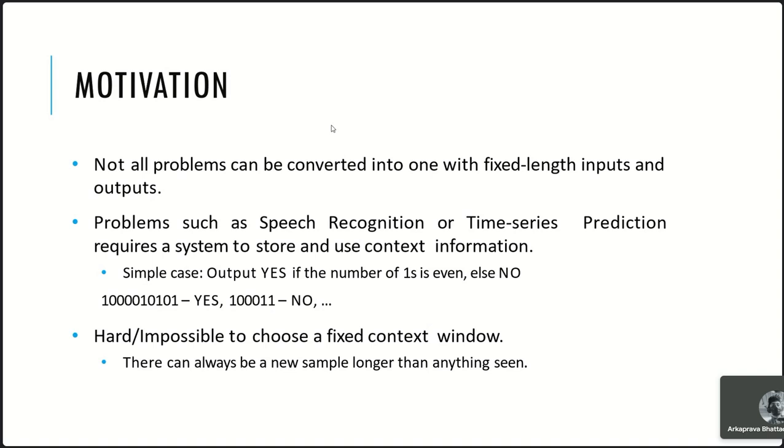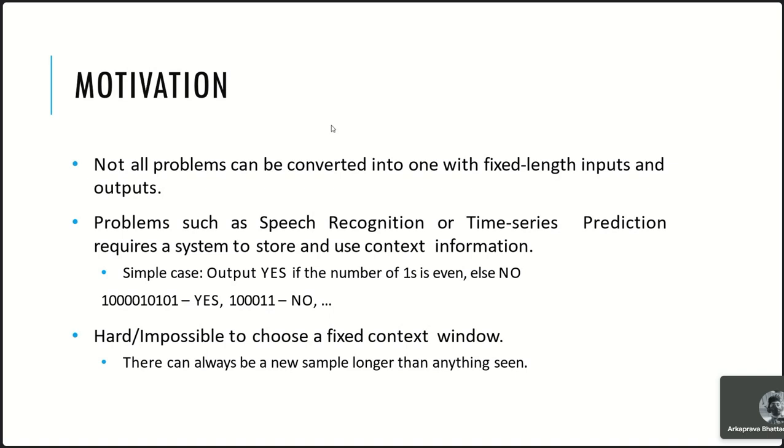Coming to the next point, problems such as speech recognition and time series prediction require a neural network to store the previous information. In fact, if I want to perform an application called sentiment analysis, I need to remember the entire context, like store the information regarding the entire context.